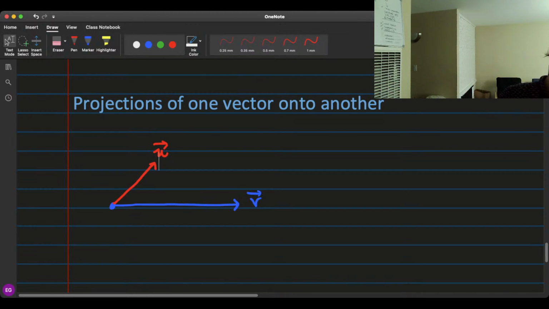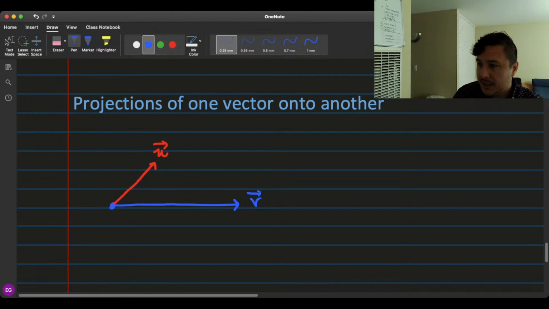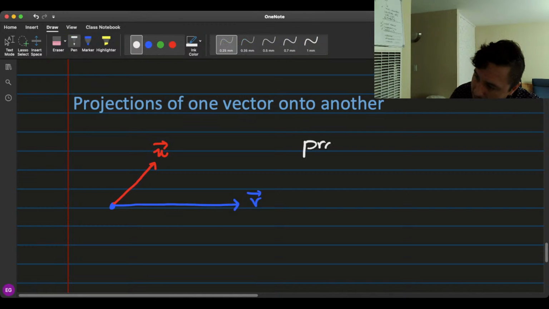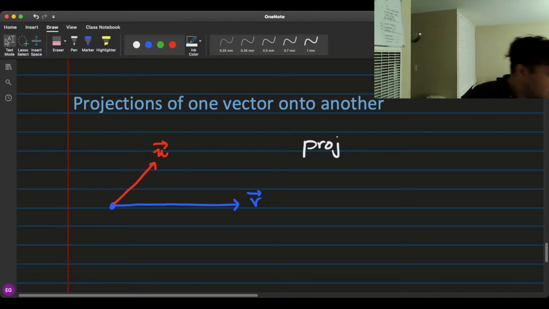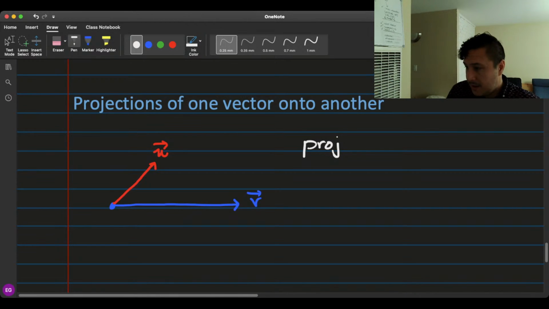We want to talk about the projection. That's what the proj is. Of, oh, I drew this wrong. Projection of v onto u. Okay. The projection. Okay, I do it right. There we go.